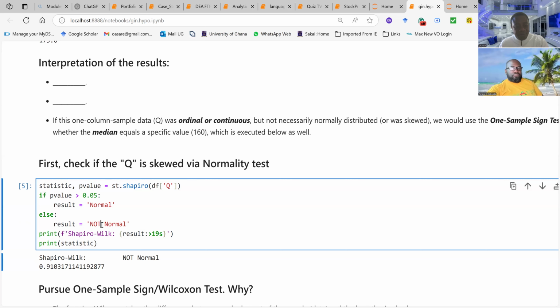Concerning the test, the condition you are setting for the Shapiro. Let me edit it. Yeah. There you go. Sorted? Yes.